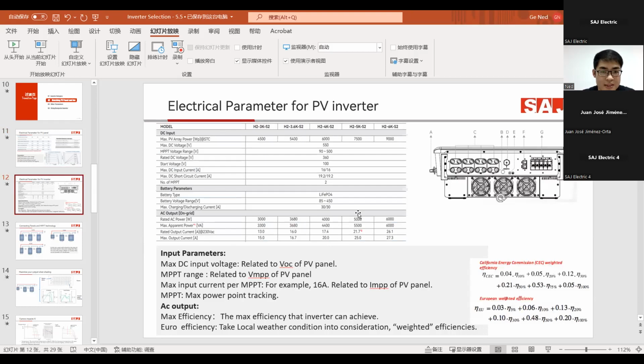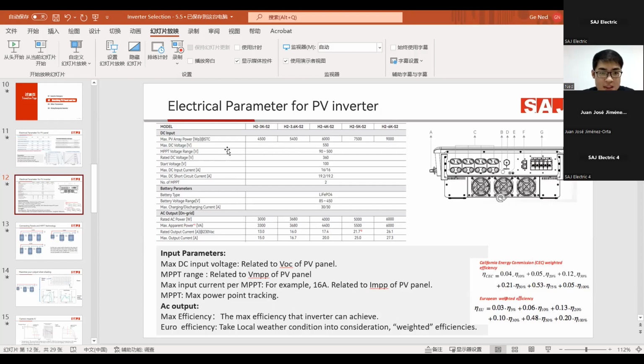Well, based on the understanding of the panel's rating, it's easy to understand the inverter's. The first I would like to introduce is the maximum PV array power. It's the DC over AC over-rating capacity.